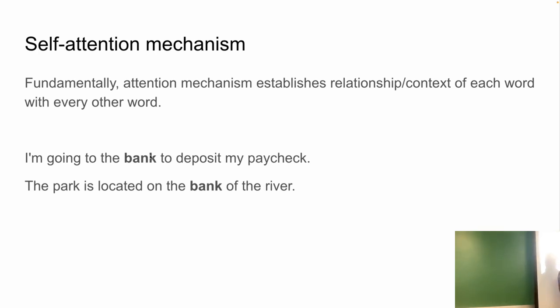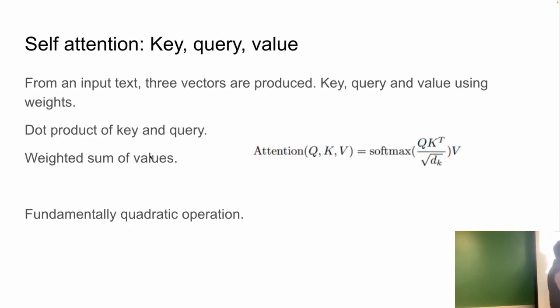Similarly, bank and river will be closely related, and the weights of these two will be very high. Going will not have a very high relationship with paycheck, because going and paycheck don't come together. So when the model is processing these sentences, it is assigning these attention weights and giving you the outputs. And that is how, when you are training this model, you keep calculating these weights and updating the weights you have with different words.